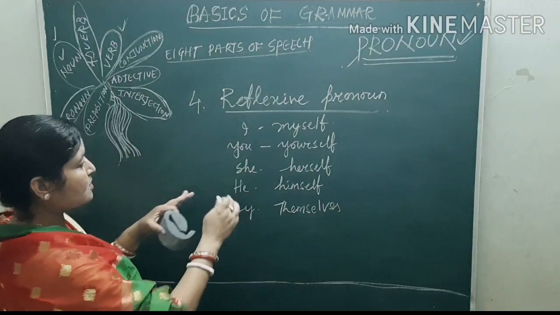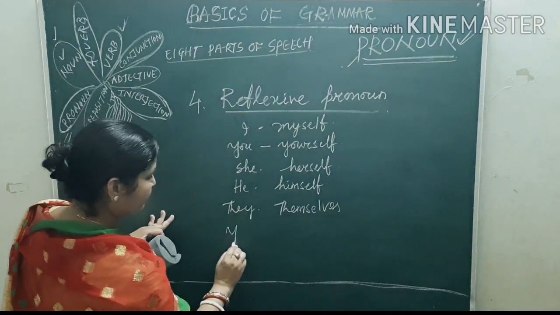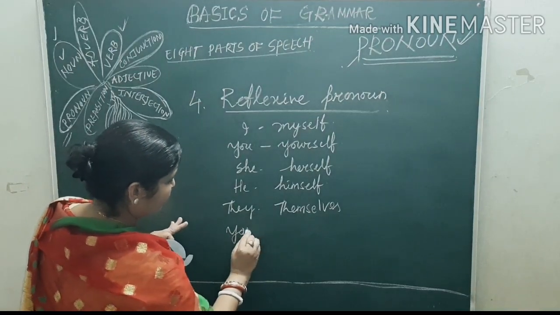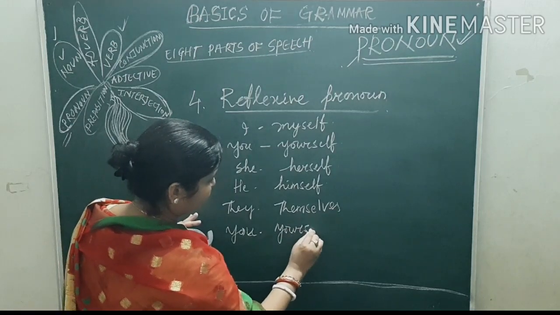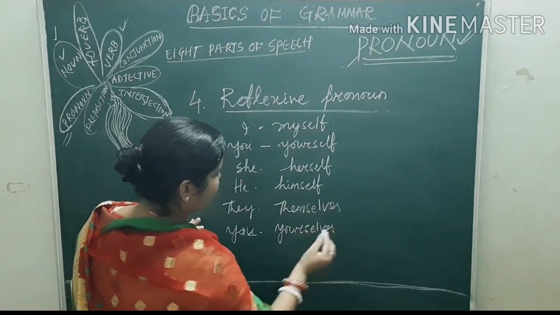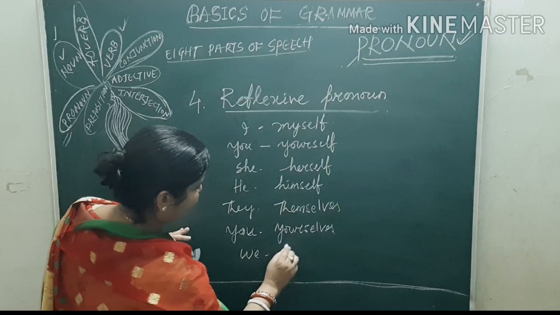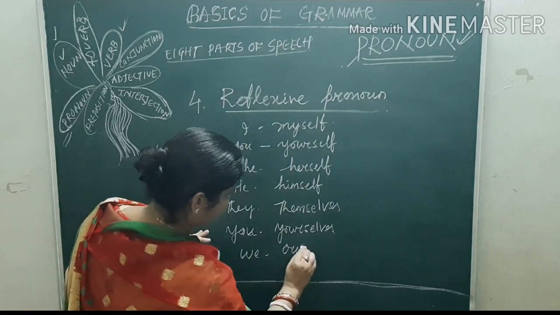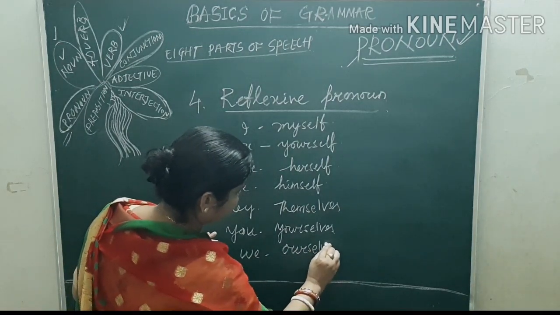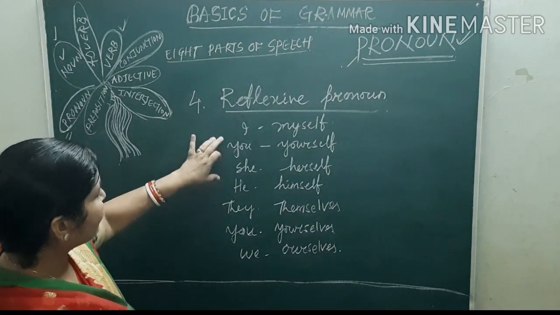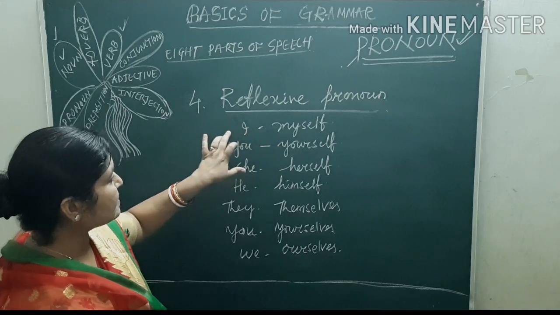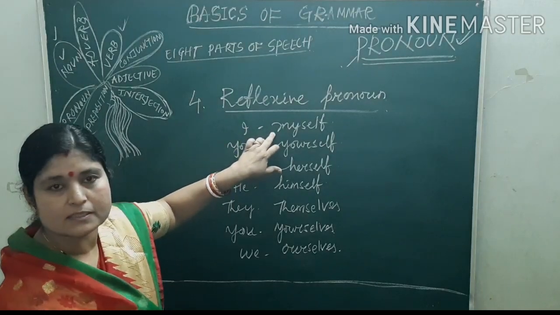When we use you as a plural form, then you, yourselves. Like we, ourselves. So these are what? I, myself. So it is giving the reflection of the things.